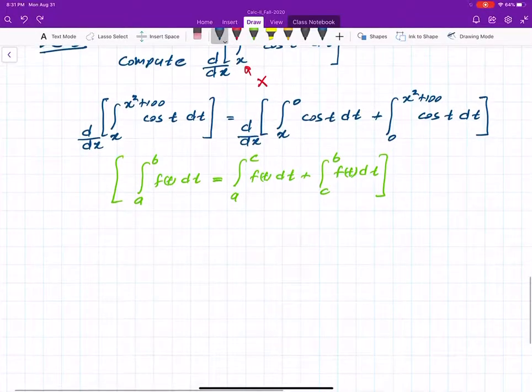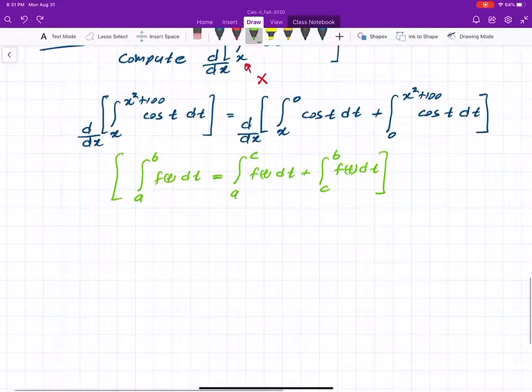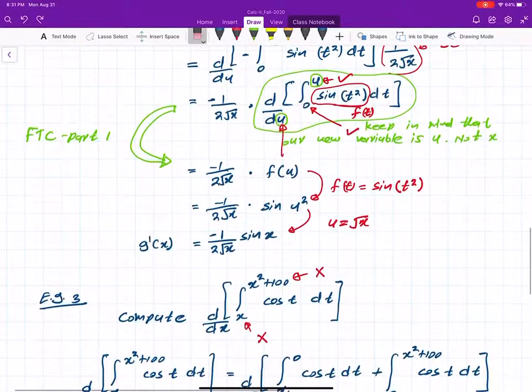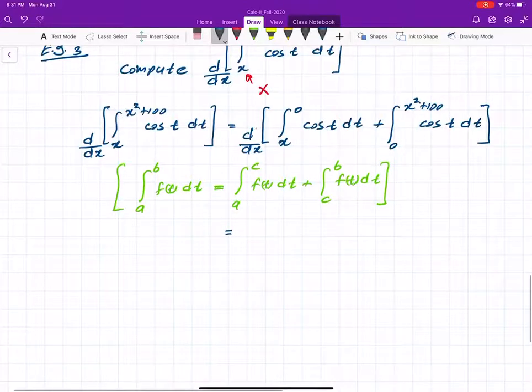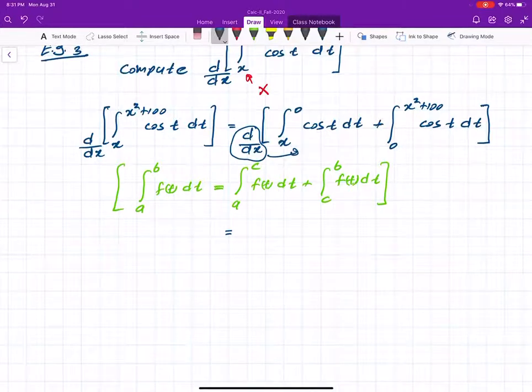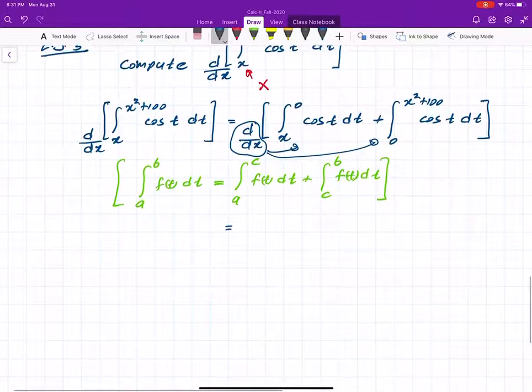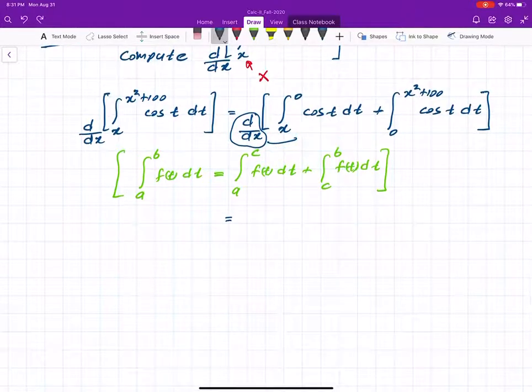Now go forward. I'm writing d over dx. You can distribute that derivative operator to this part and that part. That's what I'm doing right now.